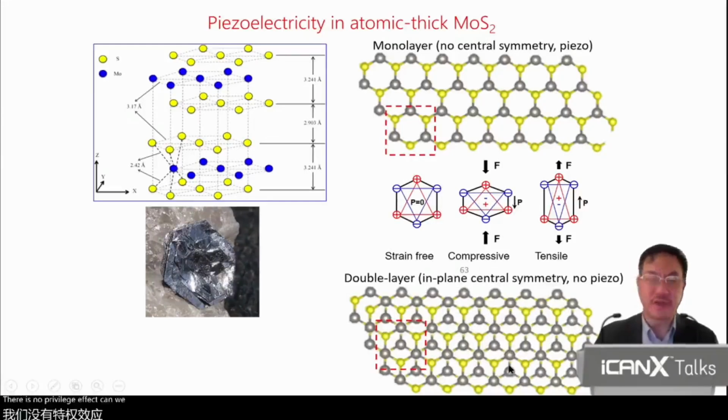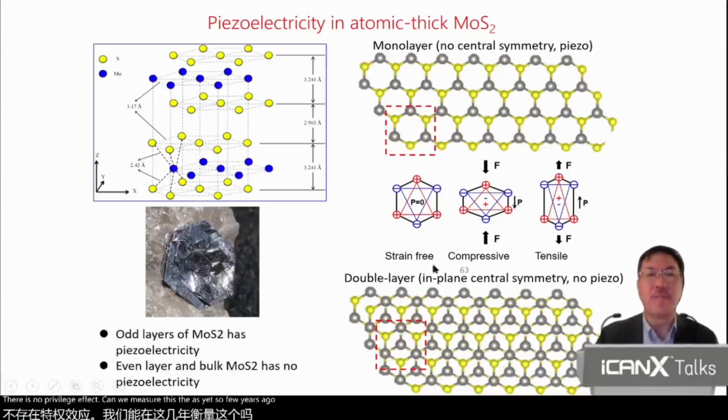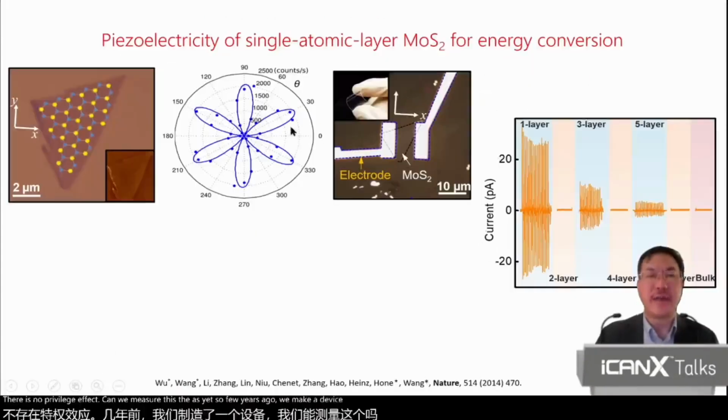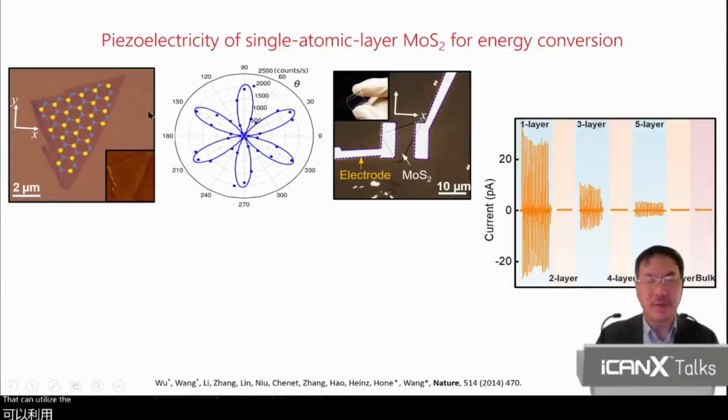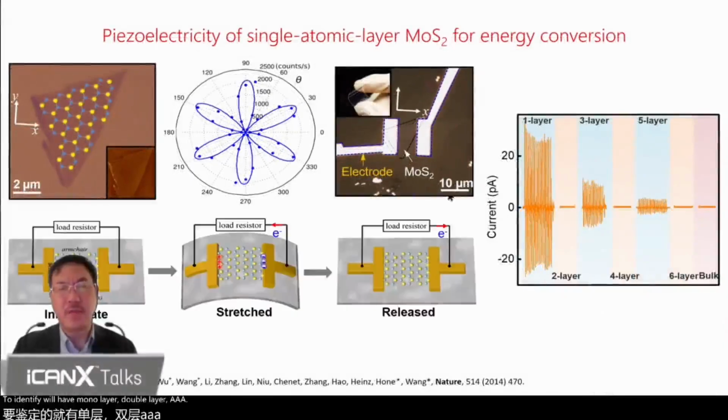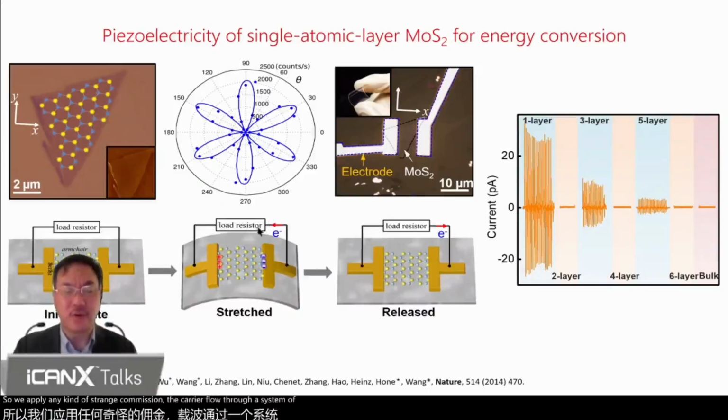Can we measure this? The answer is yes. A few years ago, we made a device that can utilize Raman spectroscopy to identify monolayer, double layer, and triple layer. In the experiment, we made a nanogenerator. We apply mechanical strain and measure the carrier flow through the system, the current.